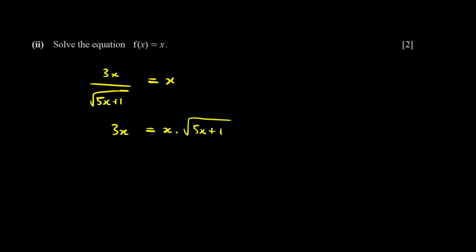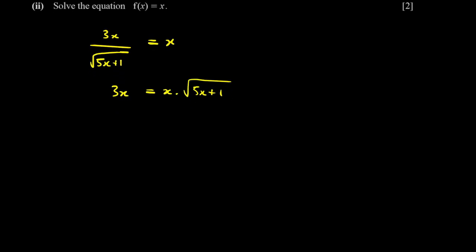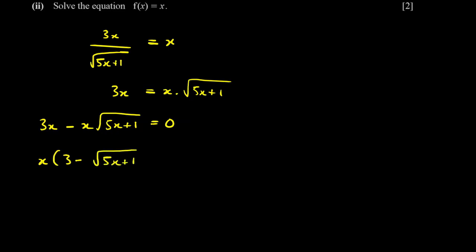Now, it's very, very tempting to just divide through by x, but I encourage you not to do that because the danger is you forget that there's a solution when x is equal to 0. So instead, I'm going to bring everything on the right to the left-hand side. So we're going to get 3x minus x square root 5x plus 1 equals 0. I will then factorize out the x, so I get x bracket 3 minus square root 5x plus 1. That means that I've got two solutions, right?